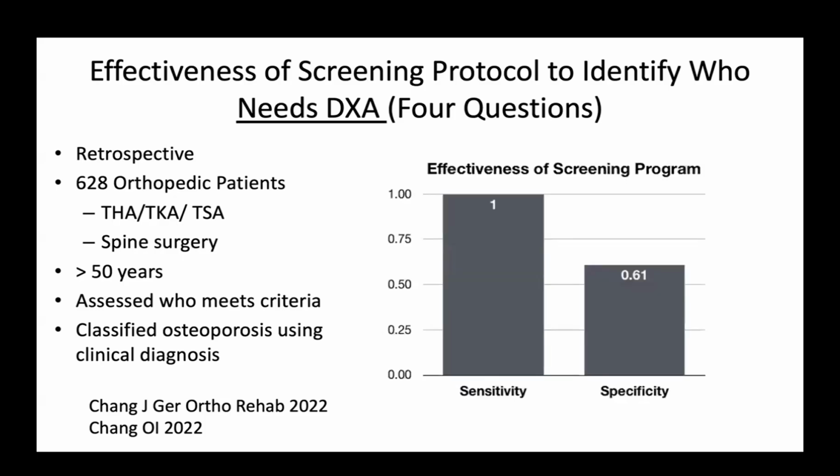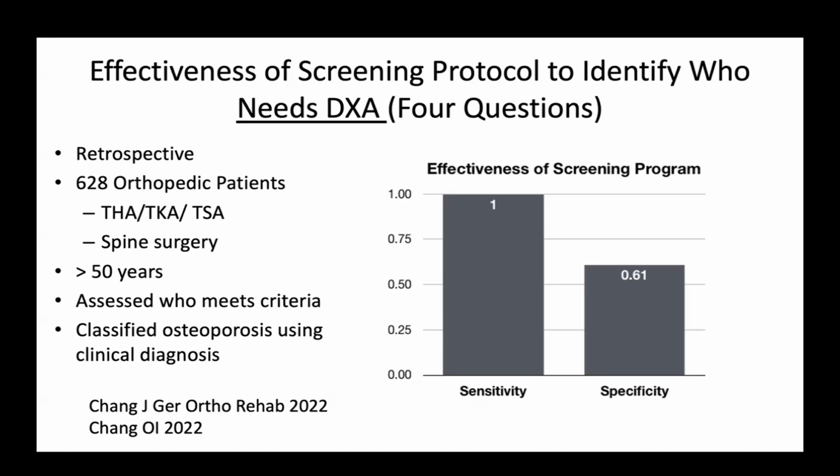And the answer was absolutely. The screening test was positive 100% of the time, so it had sensitivity of 1, indicating that all the patients who subsequently had osteoporosis met one of those 4 criteria. The specificity in this retrospective study was 0.6, which is not bad. It meant 40% false positives, which is actually quite good for screening for osteoporosis.